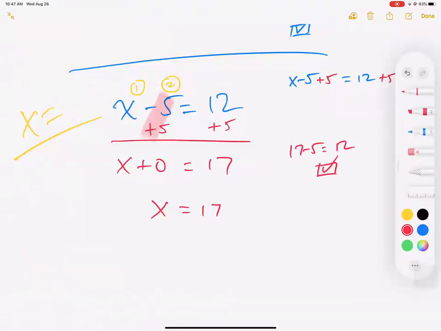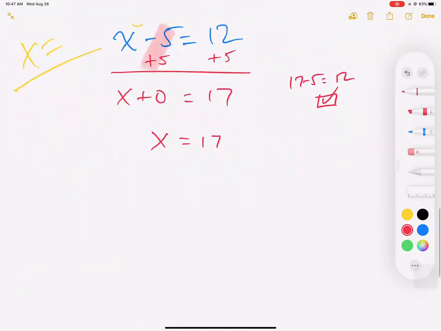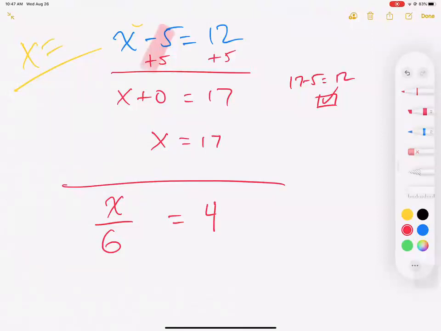Let's do one more. Let's talk about the fractions. So we want to say x divided by 6. X divided by 6 is equal to 4. X divided by 6 is equal to 4.